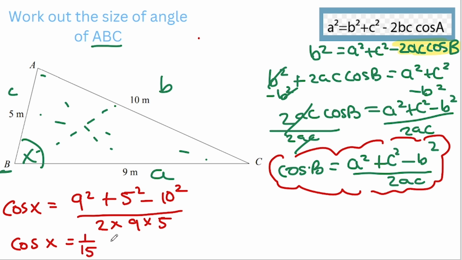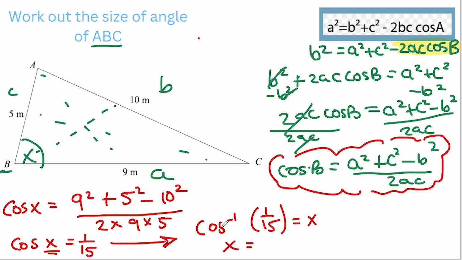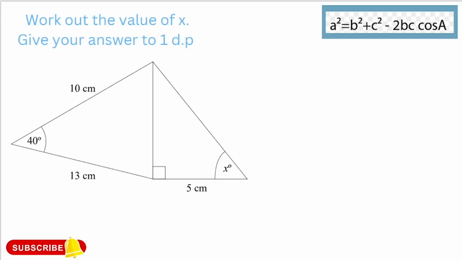But the question has not been completed yet. I need x on its own. So I need to work out the inverse cos of 1 over 15, and that will give me the value of x. And then x equals 86 degrees.